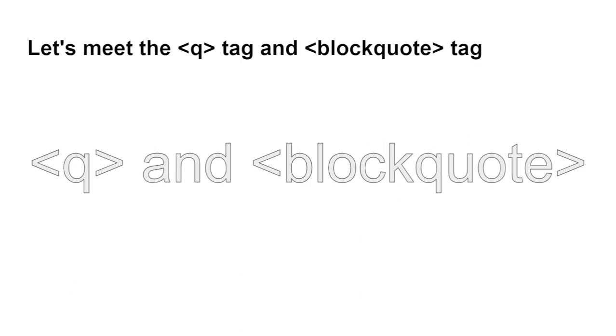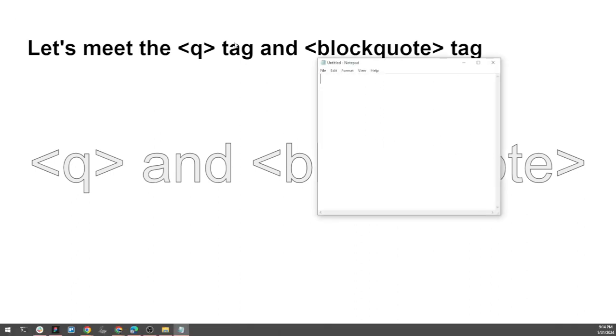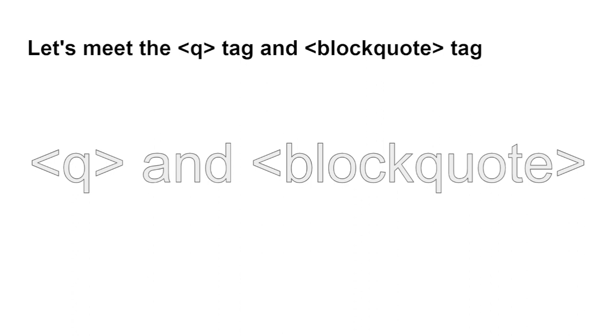Let me bring up the folder delta 4. And let me create a new folder called Q and block Q. Let me save this notepad first, in Desktop delta 4, as Q and block Q. Let me write some boilerplate code.